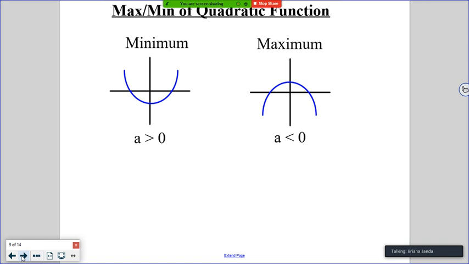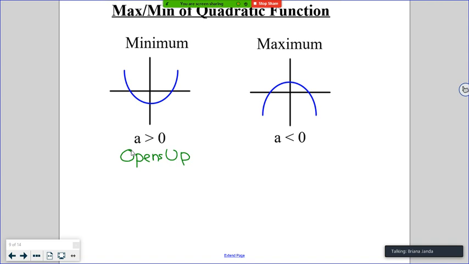We have now looked at this multiple times, but I haven't referred to them as a maximum or a minimum, but in the real world, a lot of times that's what we care about. A maximum value of a function or a minimum value of a function, and what kind of functions do those come from? Well, if our a value is positive, we said that it opens up, and if it opens up, that means your function has a minimum value.